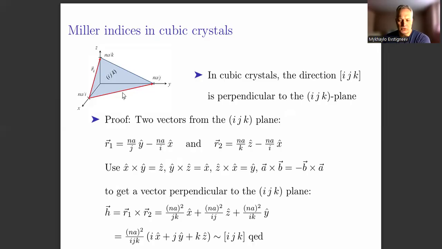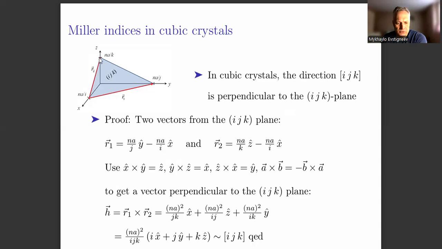So all I need to do is to take two vectors, let's say R1 and R2, that belong to this plane. I choose my vector R1. It starts at the intersection point of this plane with the x-axis and ends at the intersection point with the y-axis, like this.